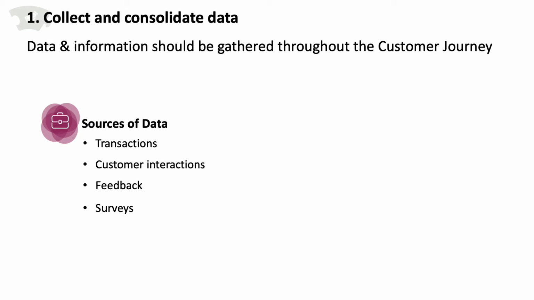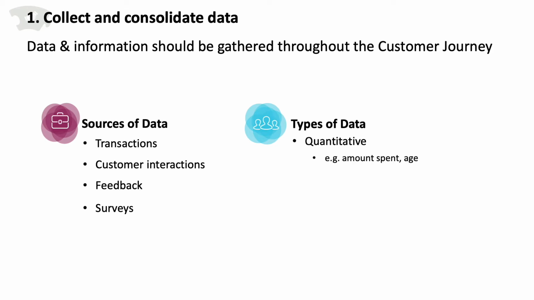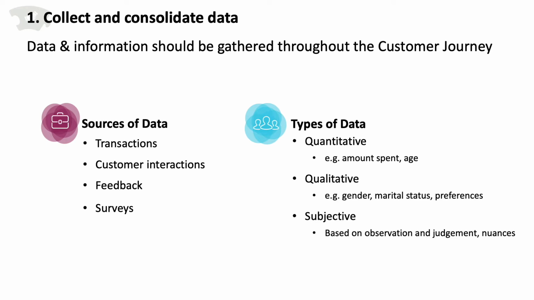There are 3 types of data in your business. Quantitative, such as amount and age. Transactional data is almost always quantitative. Data that is not numerical can be qualitative or even subjective, based on reasonable observations or assumptions.